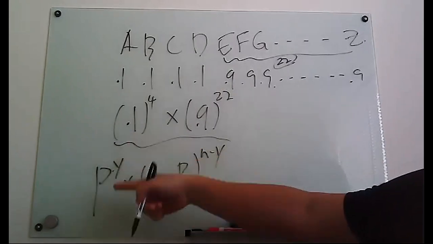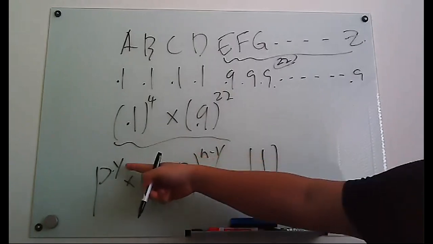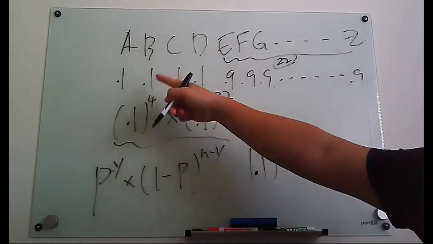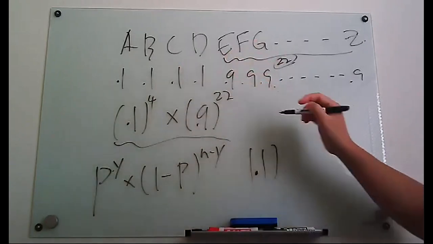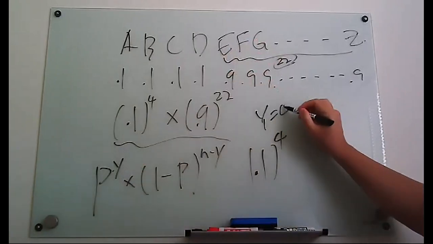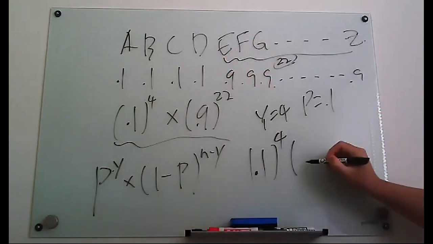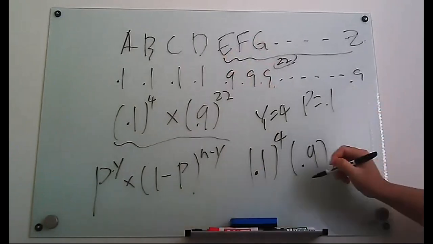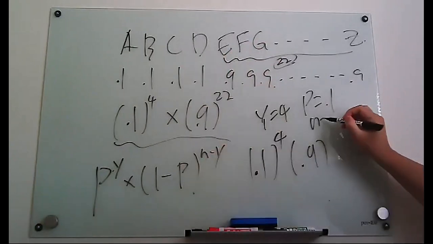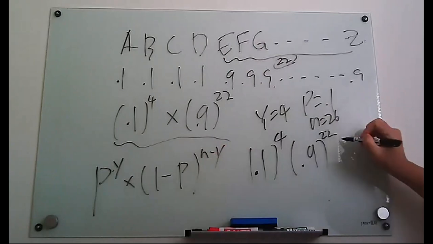P was what? The probability of cancel was 0.1. And Y was what? How many reservations should be canceled? It's 4, so Y equals 4. P was 0.1, and 1 minus P was 0.9. And how many did we have? N was 26, so 26 minus 4 was 22.